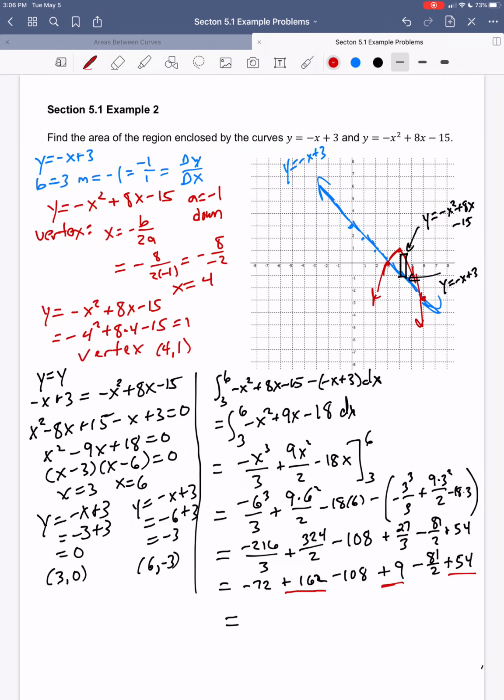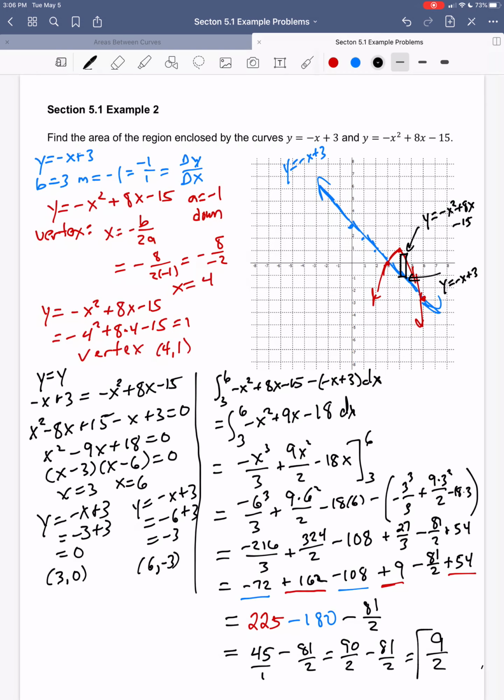Forgot that positive. So 162 plus 9, 171, plus 54, that's 225 positive. Negatives, I've got negative 72 and negative 108, so that's negative 180. And then I still have negative 81 halves. So that's going to be 45 minus 81 halves. So 45 over 1 is 90 over 2, right? 45 multiplied top and bottom by 2 minus 81 over 2 would give me an area of 9 halves.